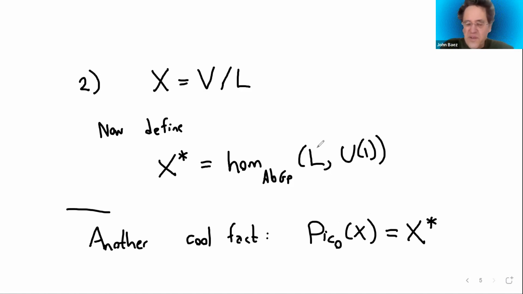You sort of know that because we talked about how Albanese varieties are dual to Jacobians, and in this case, the Albanese of the torus is just it.